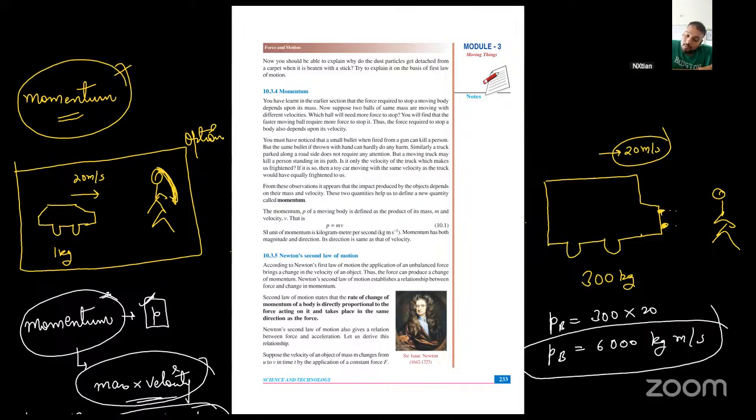Because the momentum is 6,000, that's why I got a chance to have food with Jesus. So what I'm trying to say is that momentum is not based on only velocity or only mass, but it's a product of mass and velocity.